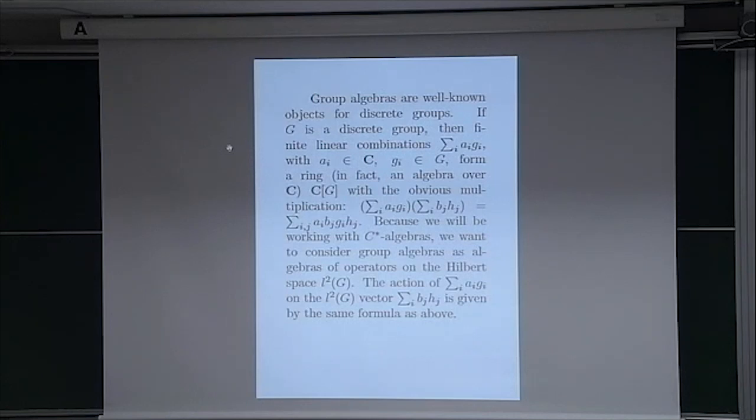For just the algebraic part, the multiplication is like this, and there is an action of the element of the group on L2 of G, on the Hilbert space. And the formula is just exactly the same. So it's just convolution product.